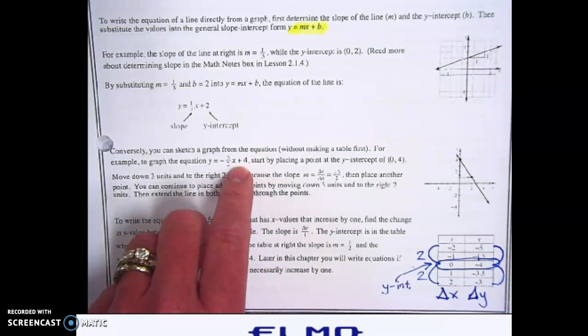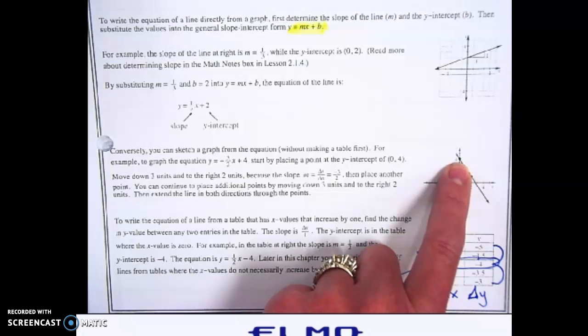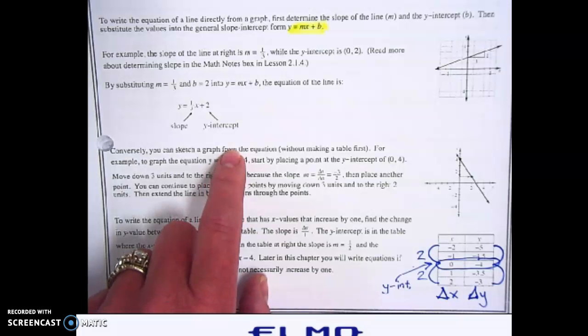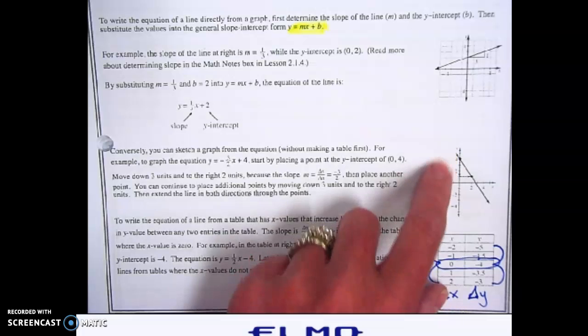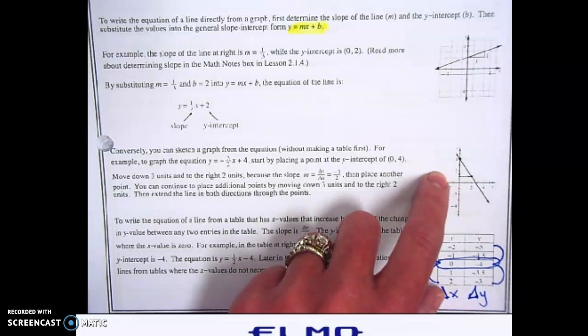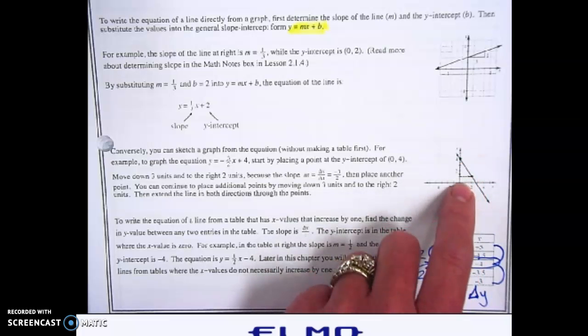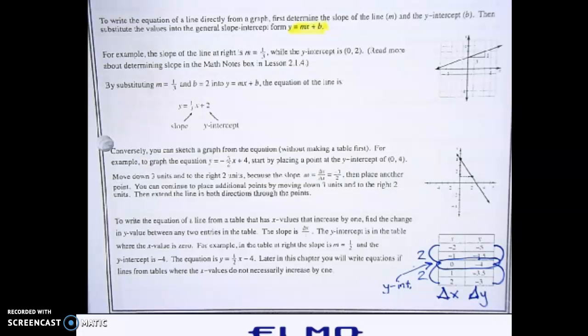This 4 is the y-intercept, so you go along the y-axis and put a point at +4. The equation also tells you the slope, which is -3/2. So the change in the y value is down 3, and the change in the x value is over 2. We call that delta y over delta x.